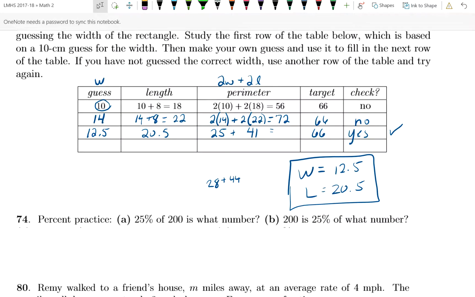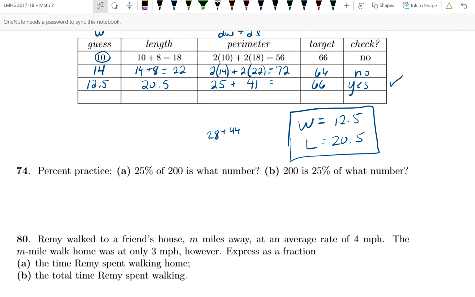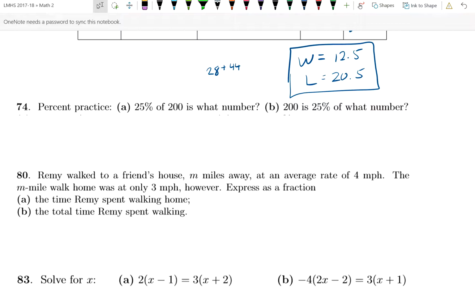Okay, last one we're going to do today is number 74. Some more percent practice. When you're reading these, it says 25% of 200 is what number? How do you turn those words into mathematical symbols? Like, what does of mean typically? Multiply.